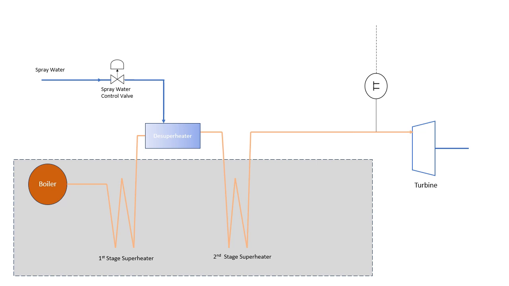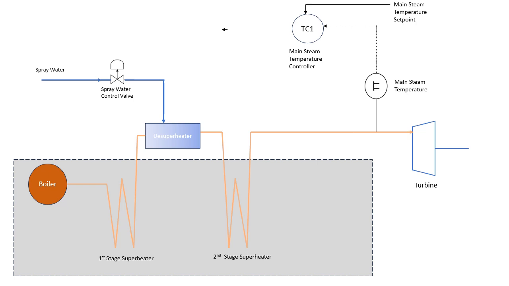Now this main steam temperature is sensed by a temperature transmitter, and then the signal goes to a temperature controller. This temperature controller is known as the main steam temperature controller, and the TT, which is sensing the temperature, is known as the main steam temperature transmitter. Now this controller receives the set point from the operator, right?